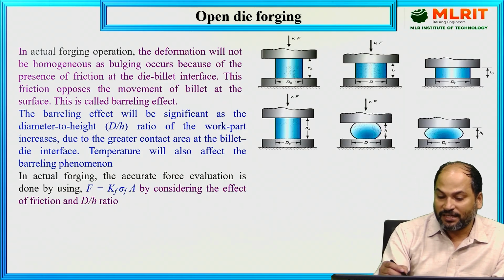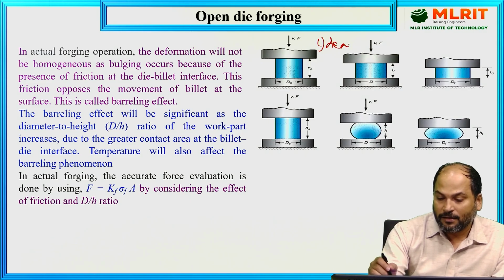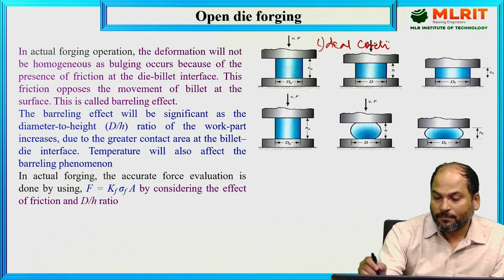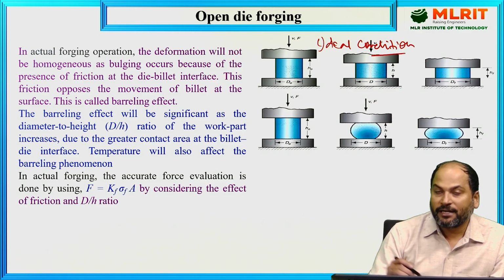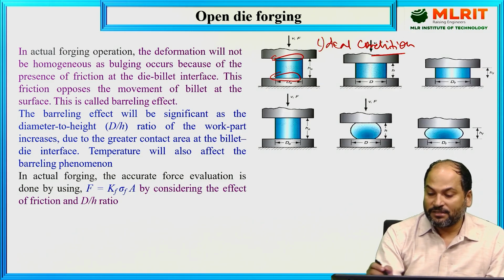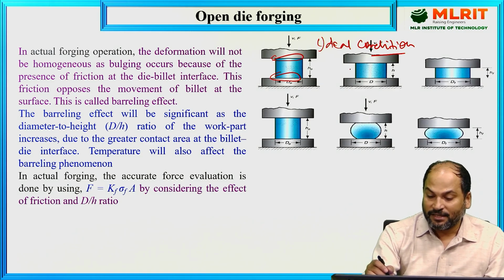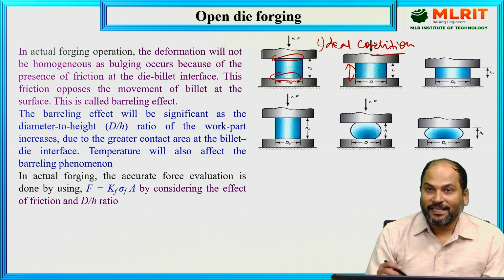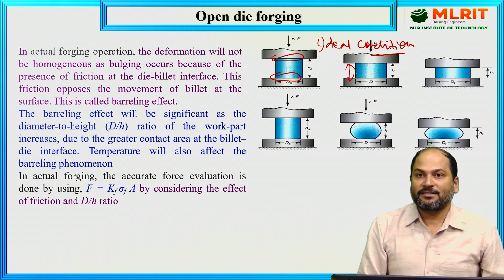You can see here, this is the ideal condition. Ideal condition means there is no friction here, there is no friction here, there is no friction. What is happening? You can see that throughout the height, the increase in cross-sectional area is uniform.